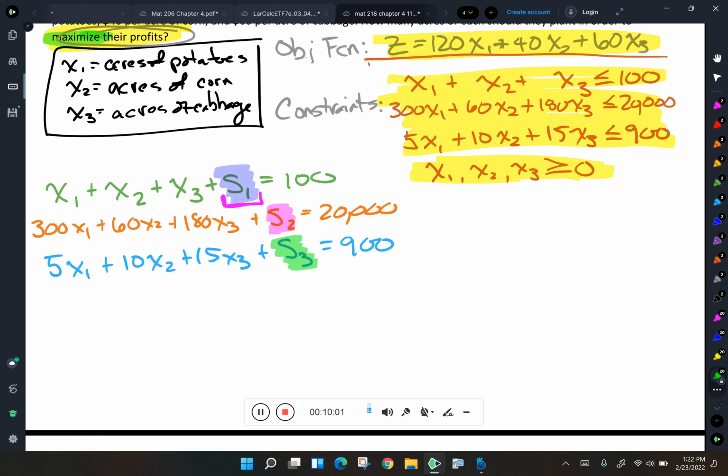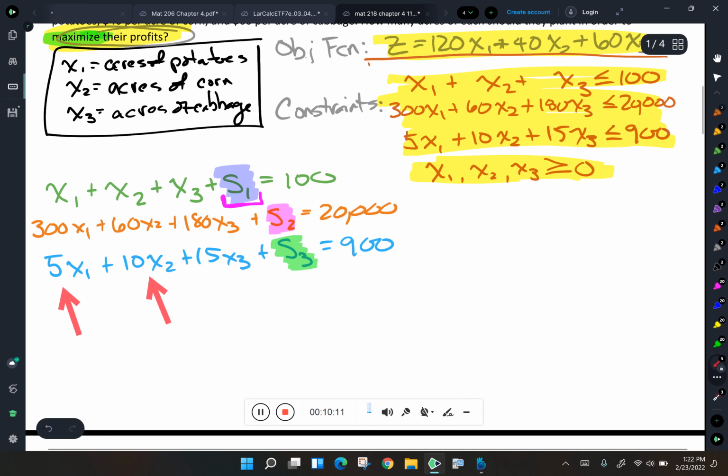So I don't know what the final answer is going to be here, but if it works out so that the taxes we spend on potatoes plus the taxes we spend on corn plus the taxes we spend on cabbage doesn't add up to 900 exactly, s3 would be that leftover money from the taxes, because we allotted 900, but ideally we'd like to spend less if possible.